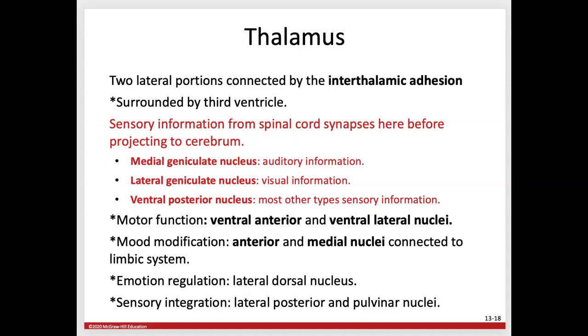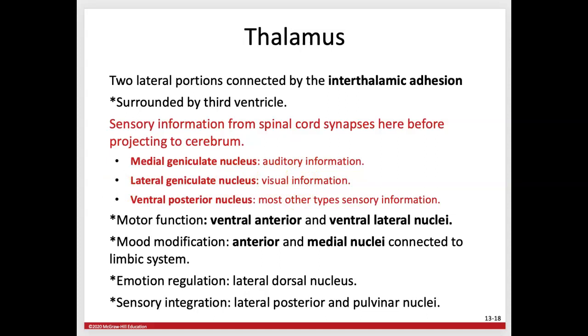Emotion regulation related to the thalamus is handled by the lateral dorsal nuclei, and sensory integration is through the lateral posterior and pulvinar nuclei. I wouldn't worry so much about what is on this slide outside of that the thalamus is surrounded by the 3rd ventricle, and it's associated with this type of sensory information.